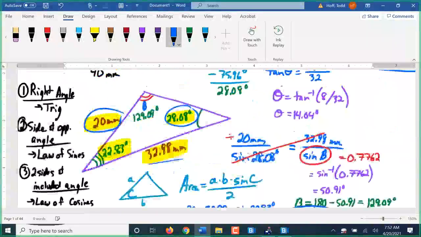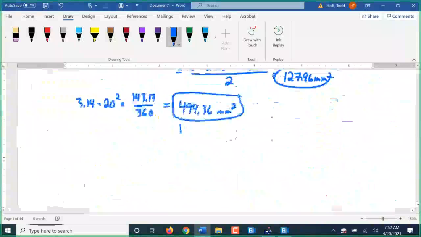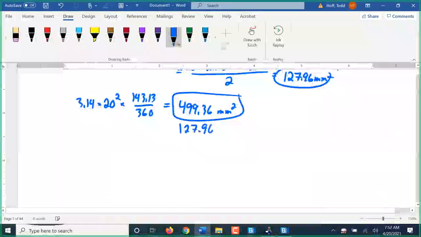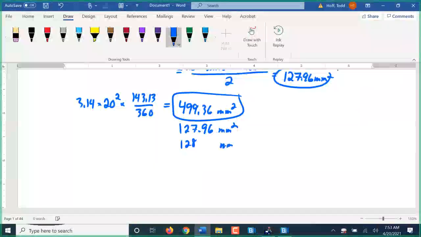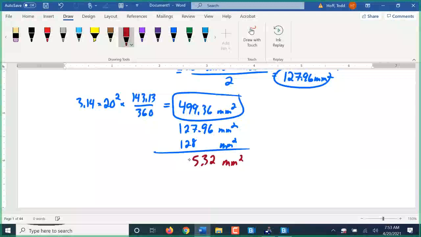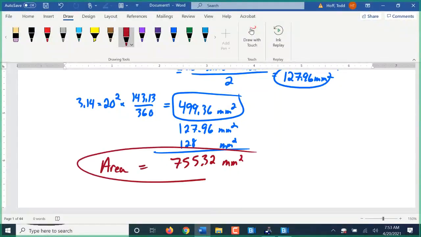So to that we have to add the 127.96 millimeters squared and the 128 millimeters squared. Okay, 755.32 millimeters squared is that area.